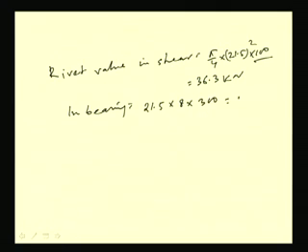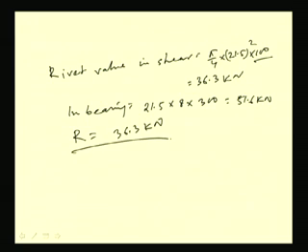So this is becoming 51.6 kilonewton. So I can make the rivet value as 36.3 kilonewton.